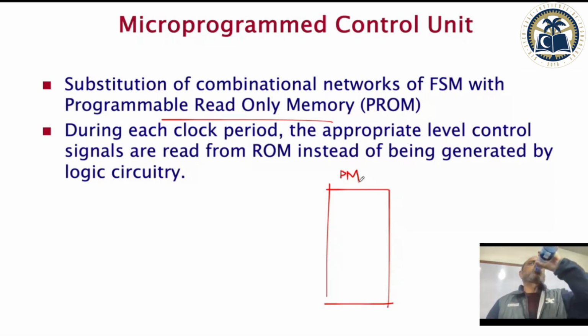Why do you make a programmable machine? Because it gives you programmability. Okay, so as a matter of fact, any state machine can be converted into a microprogram state machine by converting all the control logic into a program and the state register into the program counter register. Okay, that's how simple it is.